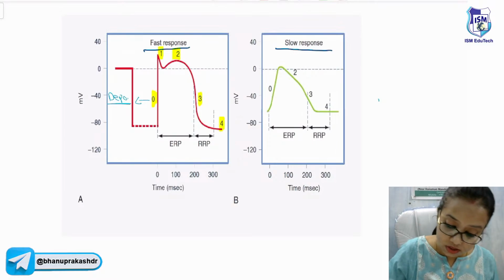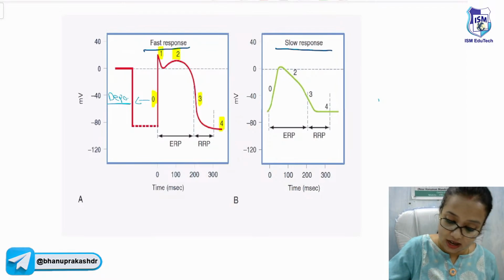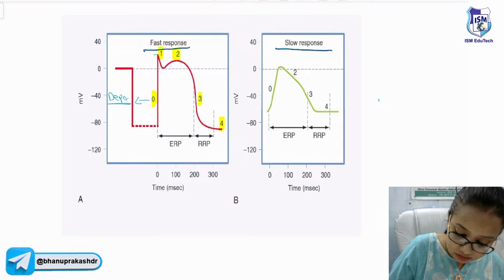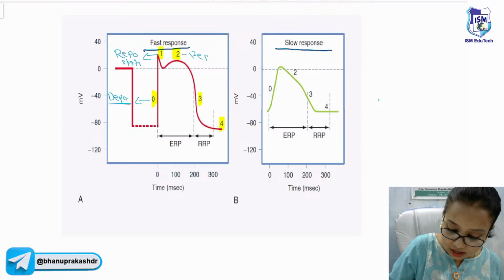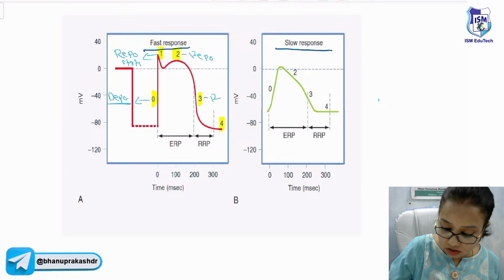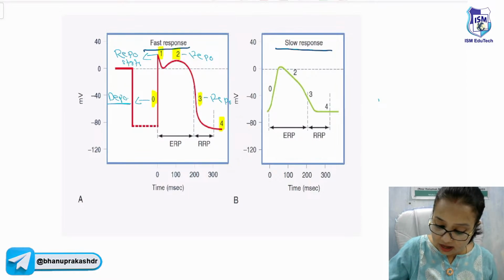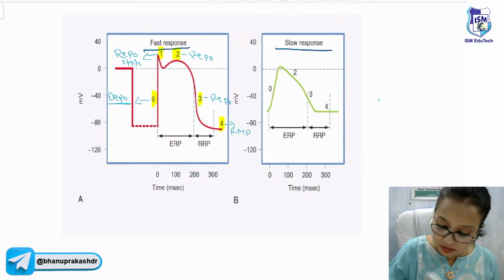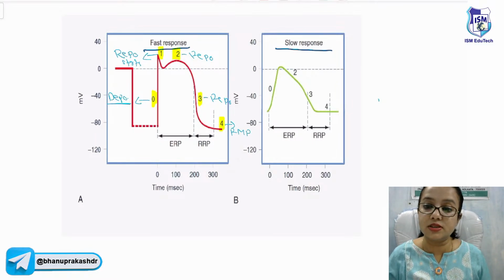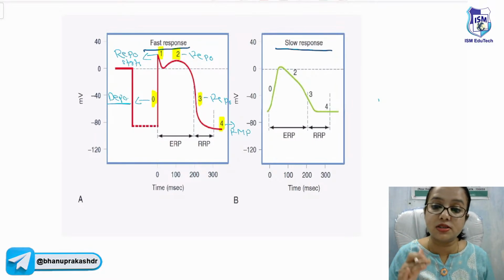So 0 is the depolarization, and from the first phase repolarization starts. Phase 2 is also repolarization, phase 3 is also repolarization, and phase 4 is the return to the resting membrane potential. So these are the 5 phases in the fast type or the fast response.